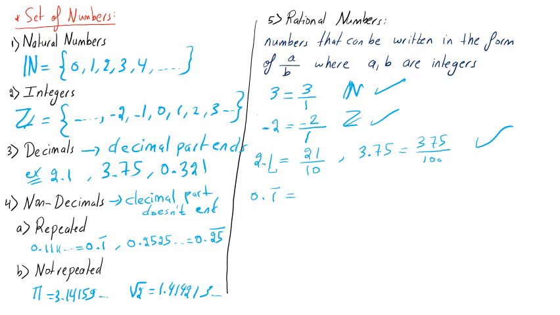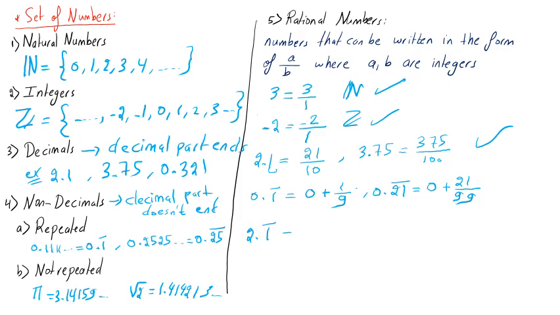Here we write 0 plus 1 over 9, over 9 because there is only one digit repeated. If we have two digits, 0.21 bar, it's equal to 0 plus 21 over 99 because we have two digits.